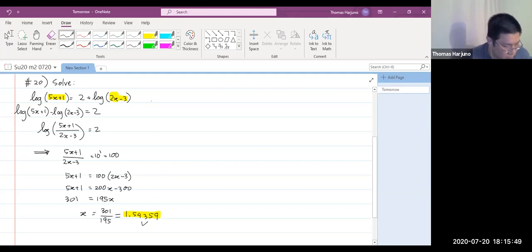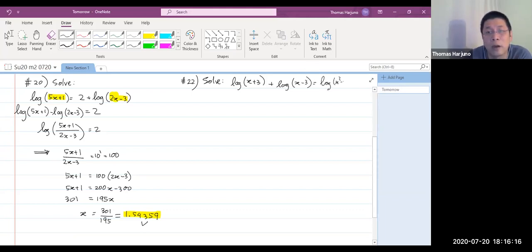Now let's see the harder one, number 22. So in this section, we don't expect the solution to be a nice number. Solve log of x plus 3 plus log of x minus 3 equals log of x squared plus 5 minus 2.